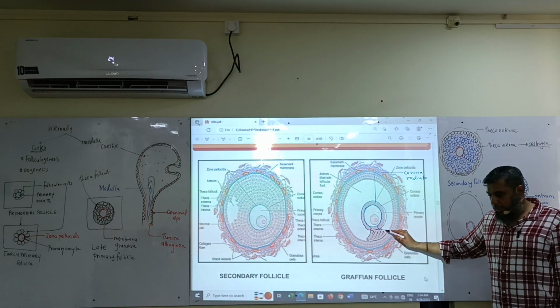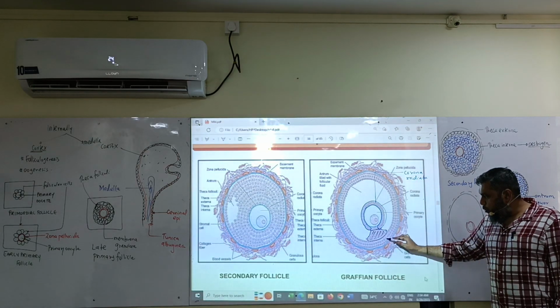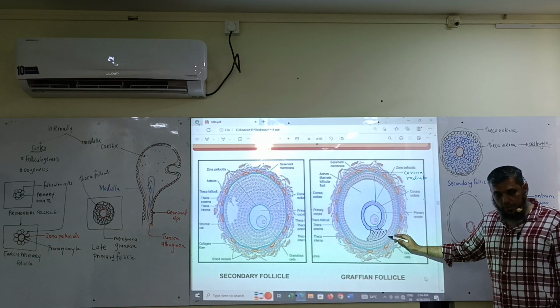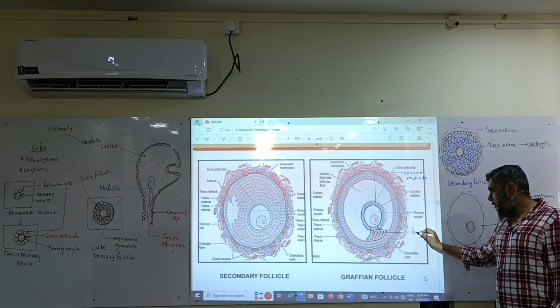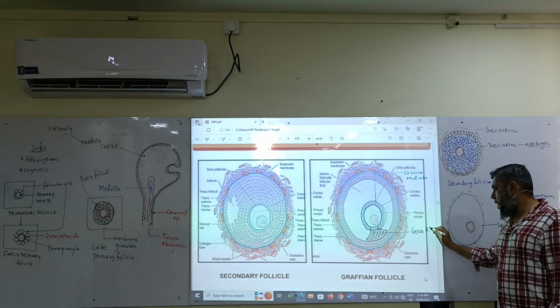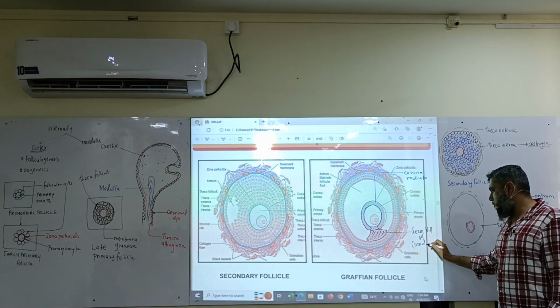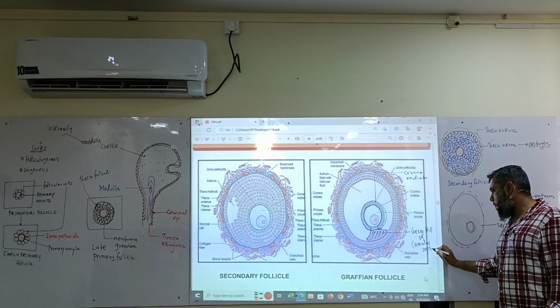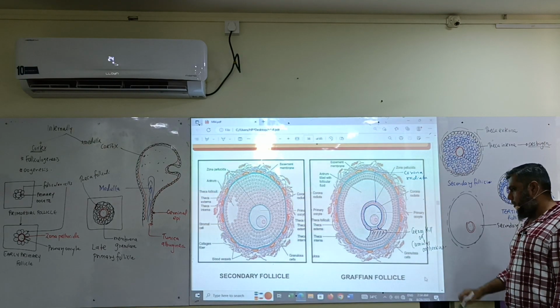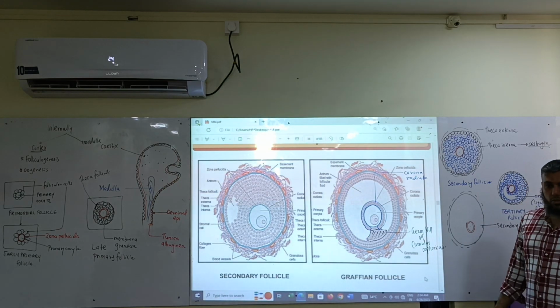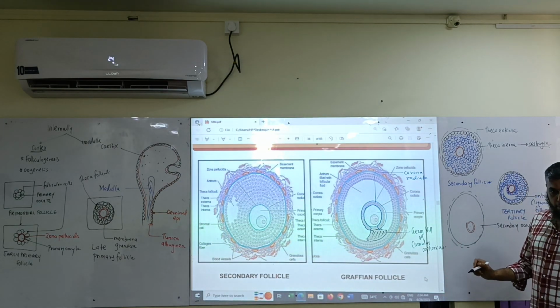Can I say they are connecting the secondary oocyte with the rest of the membrana granulosa cells? This is called as the germ hill. क्या होता है उसको? और cumulus oophoricus. What do you call it? Germ hill or the cumulus oophoricus.